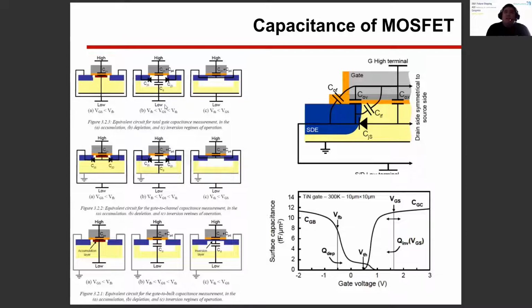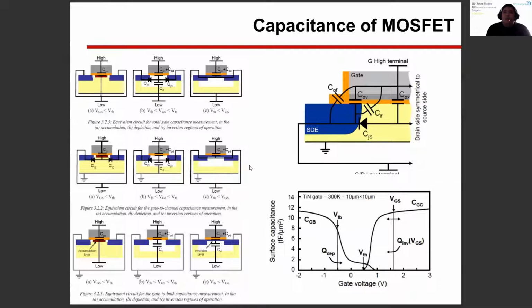With that said, if we put around 0 voltage, or negative voltage between that and the flat band voltage, the channel is not accumulated with the majority carriers and is not turned on enough for the channel to be opened.